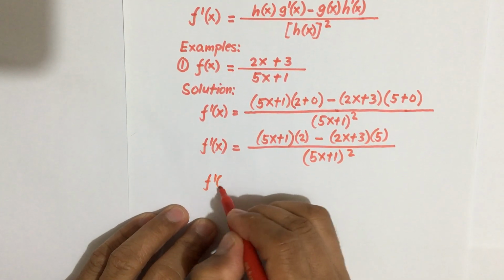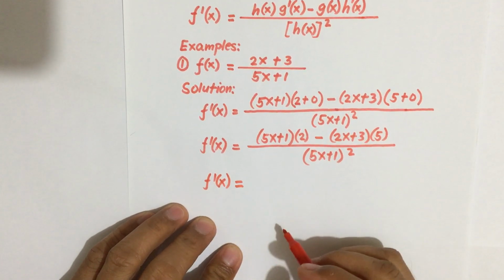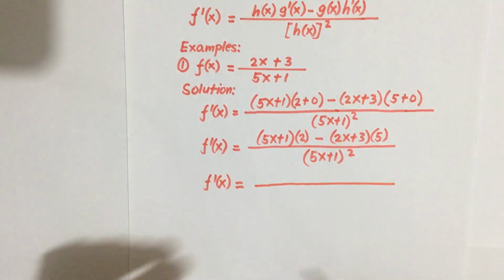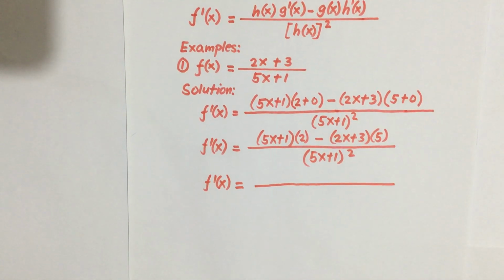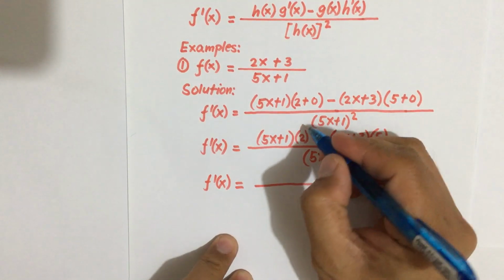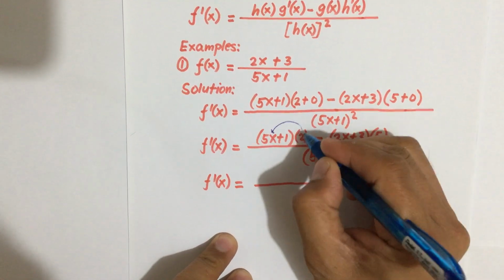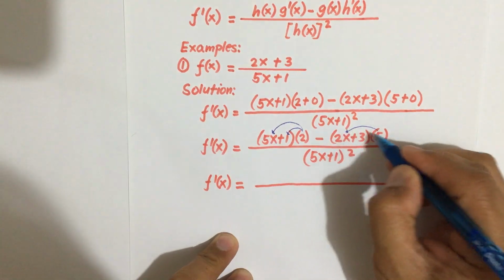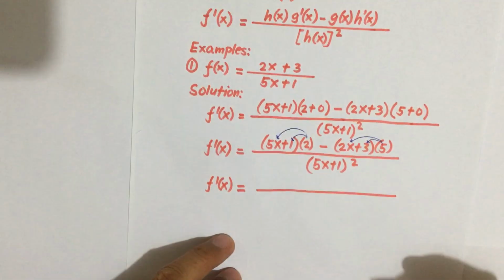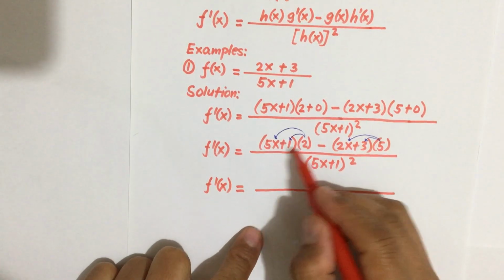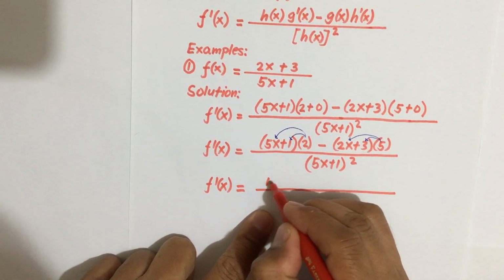So f prime of x is equal to, let us distribute and multiply these two here. Let's distribute and multiply to each of the terms in the quantity. So we have 2 times 5x, that is 10x.